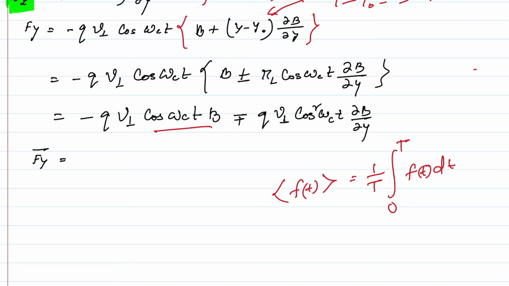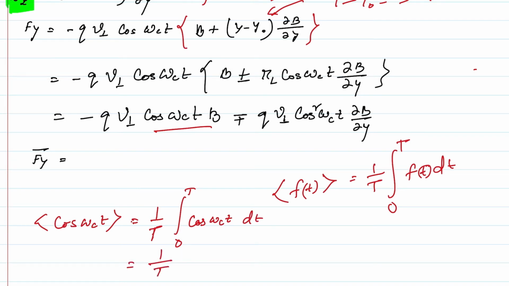So here you see, average of cos omega c t will be 1 by T, this is the time period, then integration 0 to T cos omega c t dt.